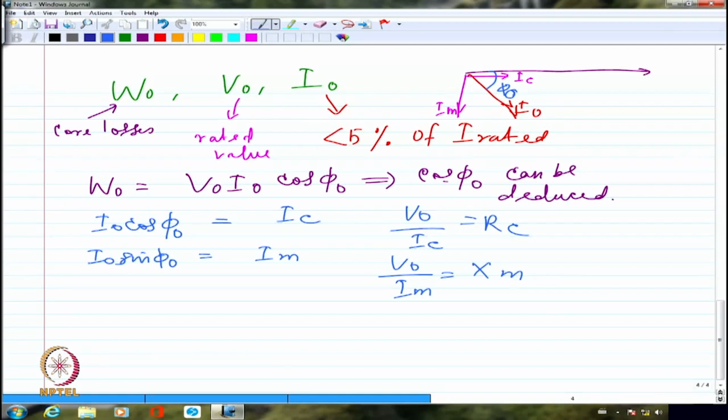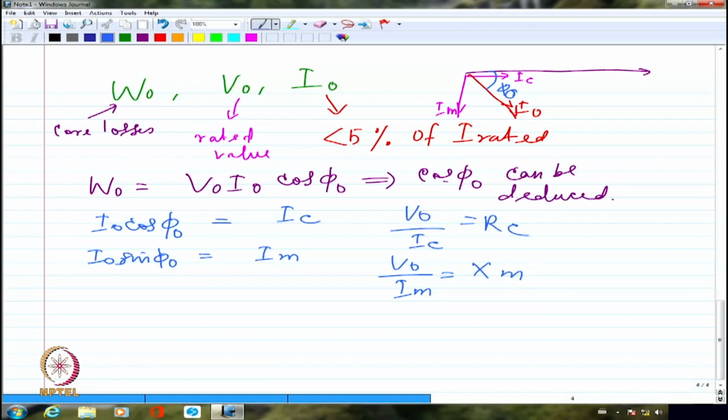Had it been an ideal transformer, what would be the value of IC, RC and XM? If it had been an ideal transformer, how much will be XM? Infinity or 0? Sure? Infinity?